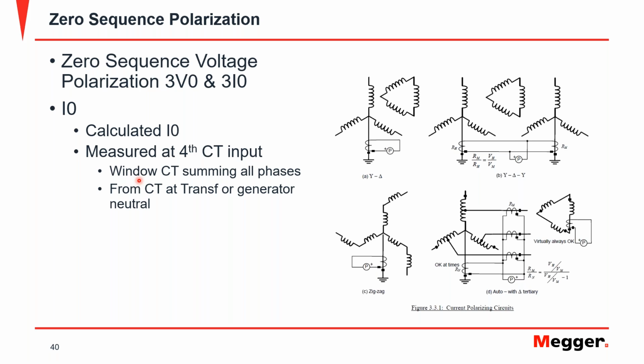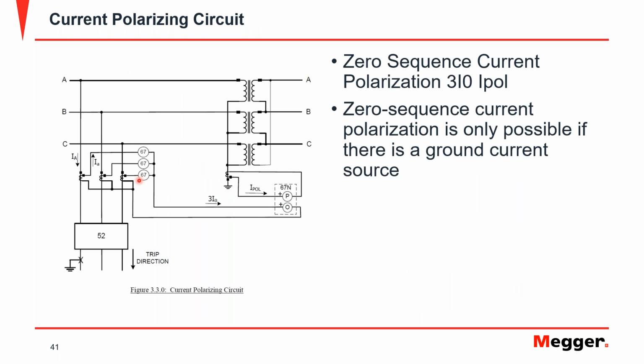When it comes to current polarization, so far we have talked about voltage polarization. And with voltage polarization, what I mean is a voltage is used as the polarizing signal, okay?